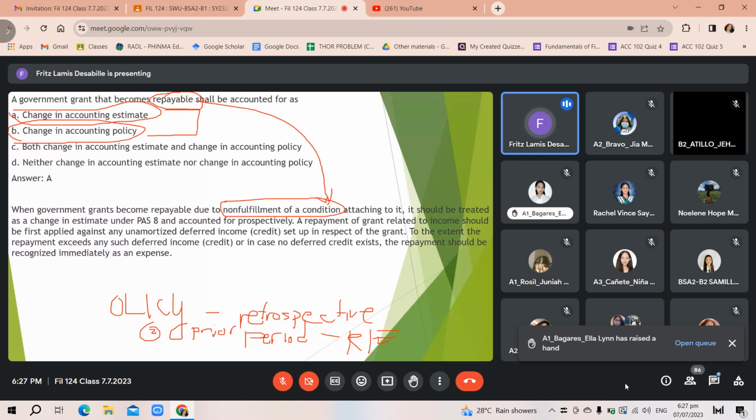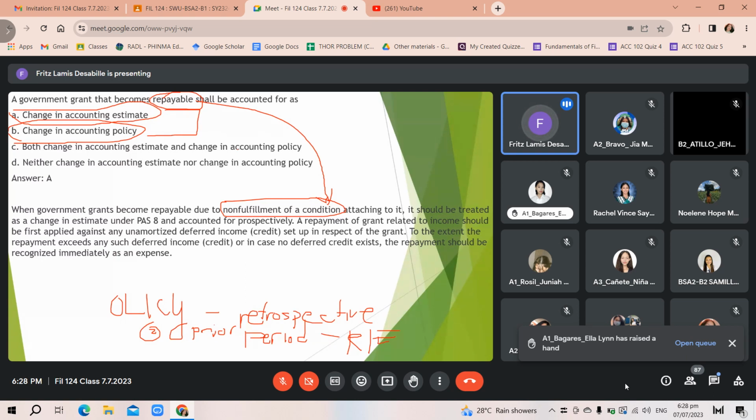Take note guys, for a grant related to asset, the grant is deducted from the cost of the asset, there is no recognition of a grant income. The recognition of the grant income only comes in as a deduction of depreciation expense, and so on. That's what I said last time.